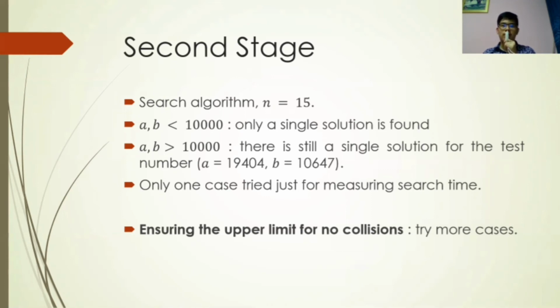Only one case was tried just for measuring search time, because this is a really time-consuming algorithm, and the time taken for the previous test case is almost 2 hours. To ensure the upper limit for no collisions, more cases should be tried.